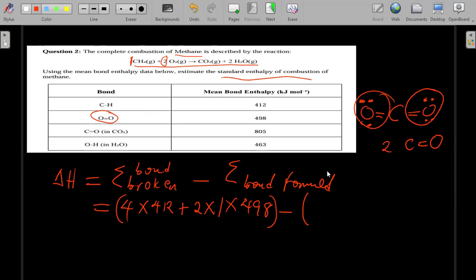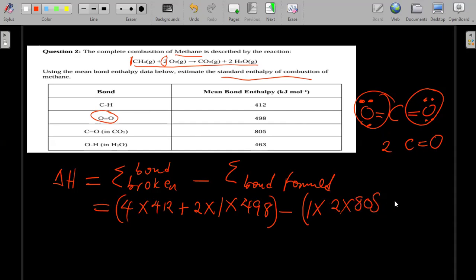The coefficient is 1, so we say a coefficient of 1 times 2 of these C=O bonds. So 2 times the bond enthalpy for C=O in carbon dioxide, which we are told is 805. So we multiply that by 805.